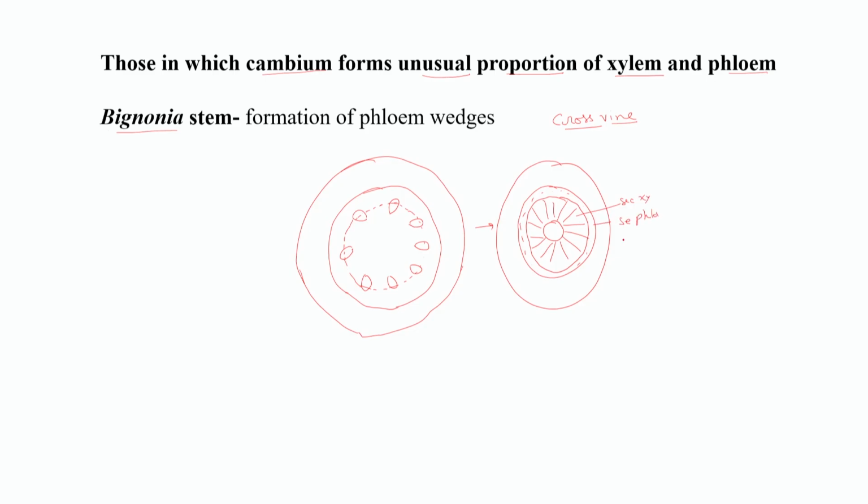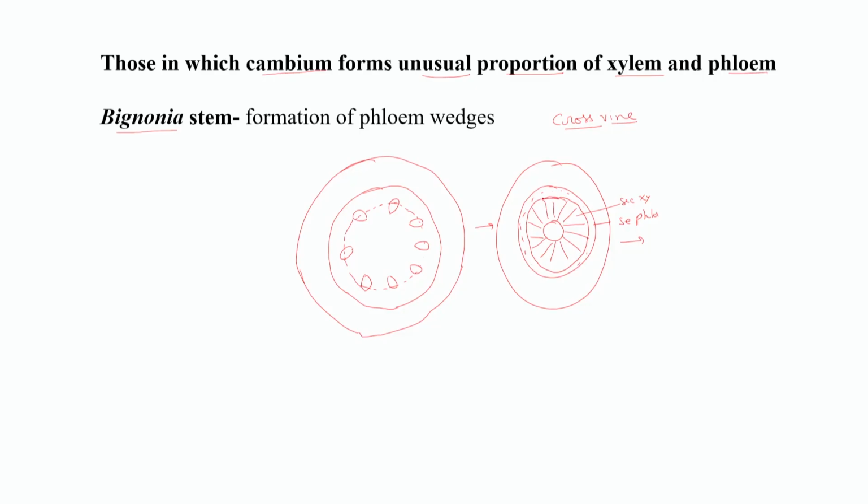But after some time of this normal behavior, the cambium starts behaving abnormally. At certain regions, see, the cambium is a single layer structure, although it might appear multilayered because of the formation of some cambium initials, as we have discussed, but generally it is a single strip of meristematic cells.